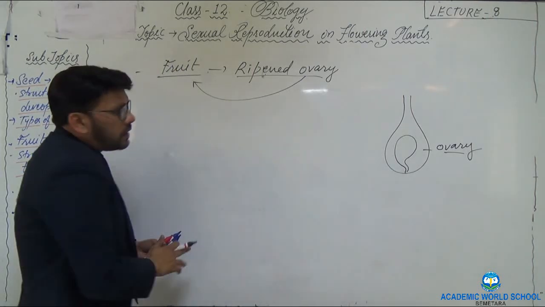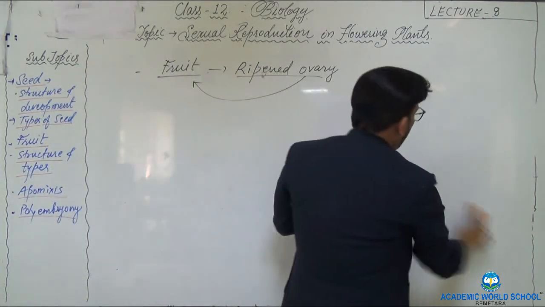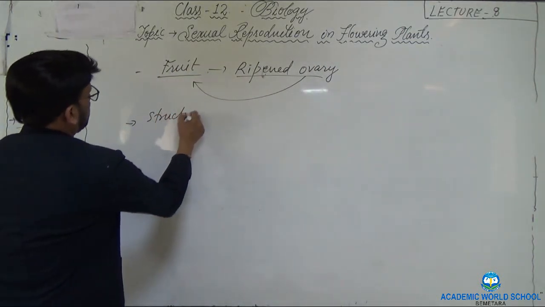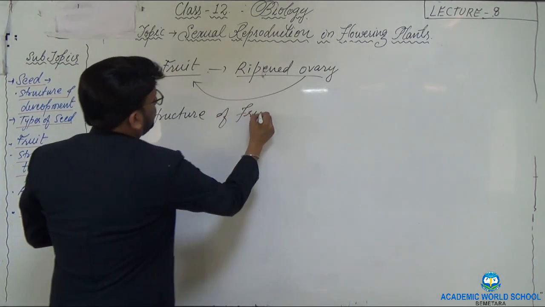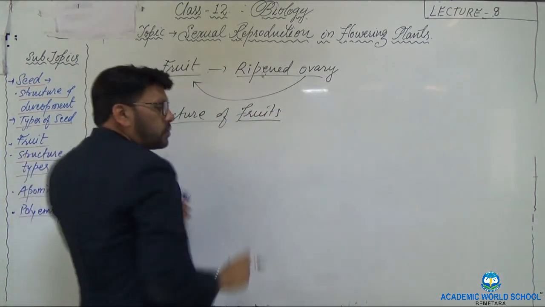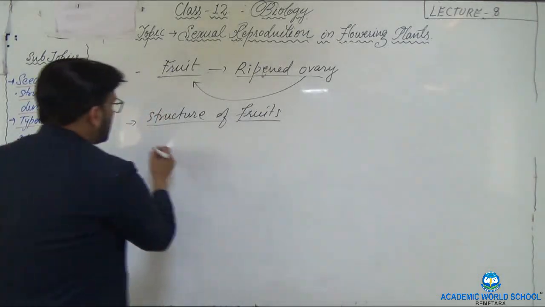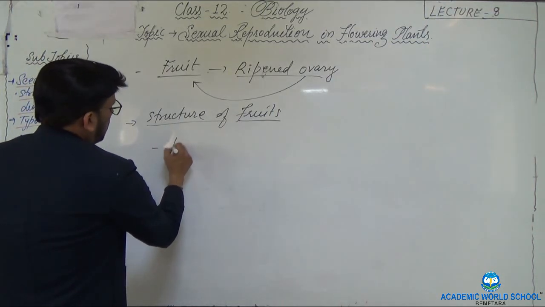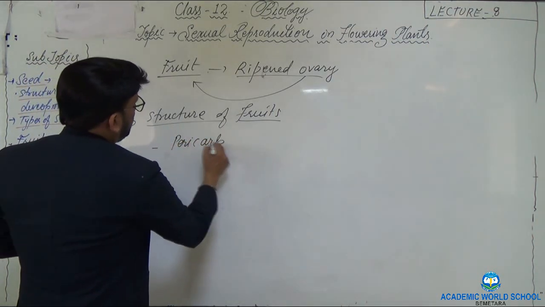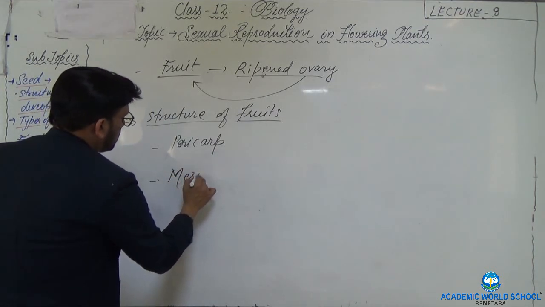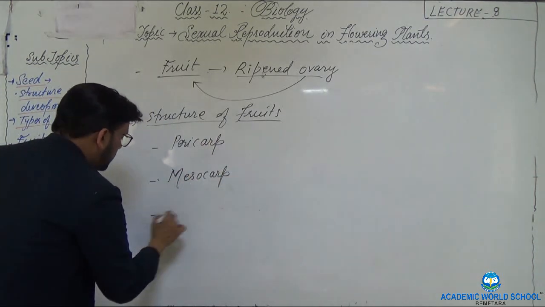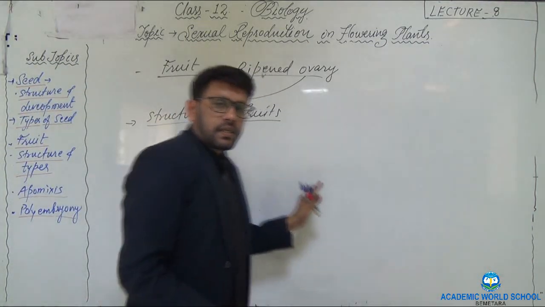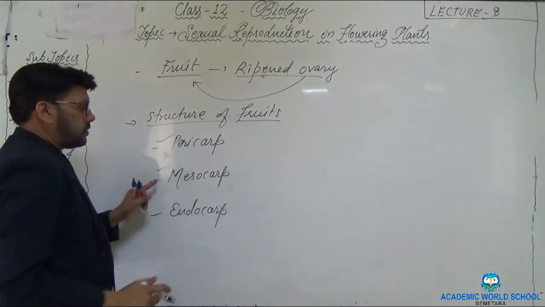Now we see the structure of the fruit. It means fruits have different parts. Basically, fruit has three major parts: pericarp, mesocarp and endocarp.